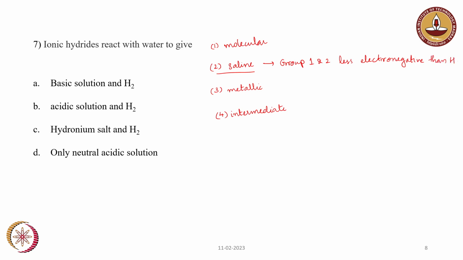So there is a large electronegativity difference between group 1 and 2 elements and hydrogen. So they form ionic hydrides. The bond is ionic, and it will be represented as M plus and H minus.